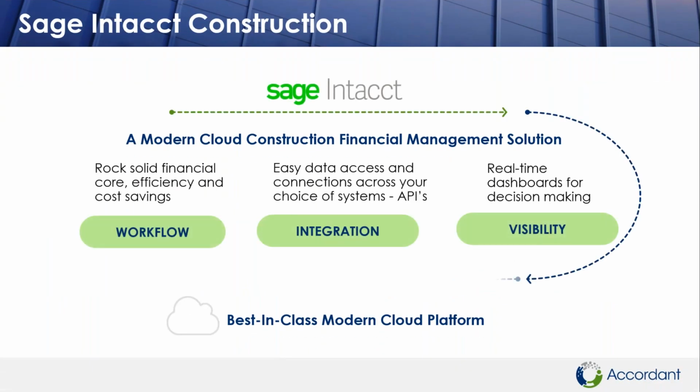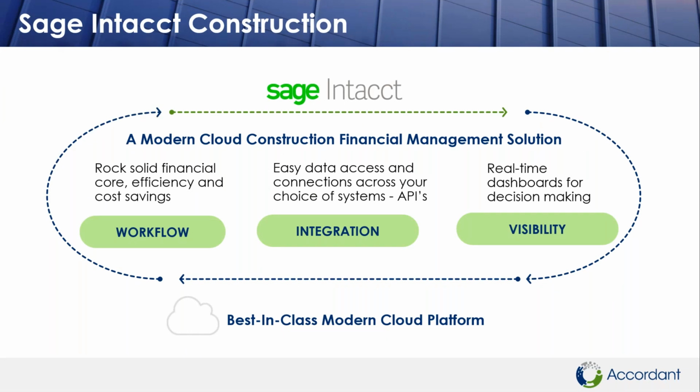Sage Intacct Construction provides workflows with a rock-solid financial core, increasing your efficiency in use and producing cost savings. As a best-in-class financial management solution, Sage Intacct was built from the ground up to integrate with other best-in-class solutions. Open APIs, application program interfaces, make interacting with data not only possible, but relatively simple today.